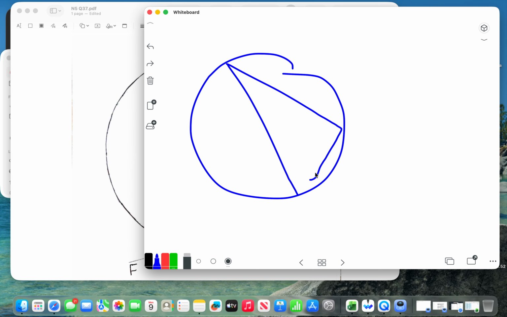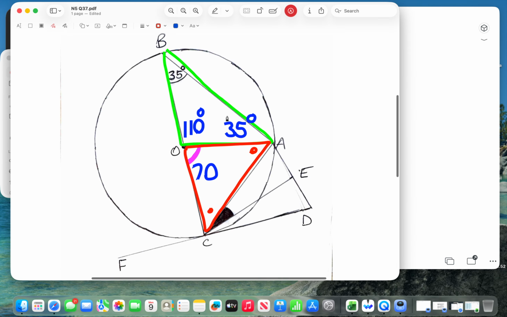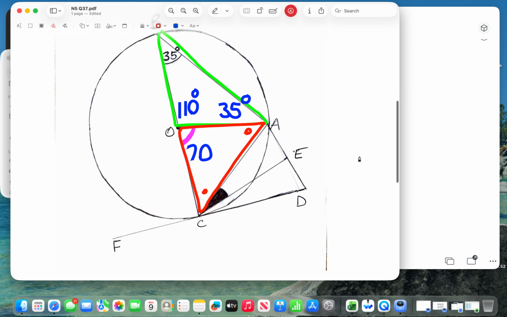If you have a situation such that all of the corners of the triangle lie on the circumference, and you've got one of the sides as a diameter, then this angle is 90. But this angle is also 90. And so is this one. So all of those angles are 90 degrees.